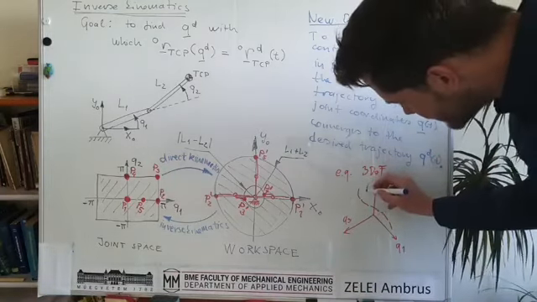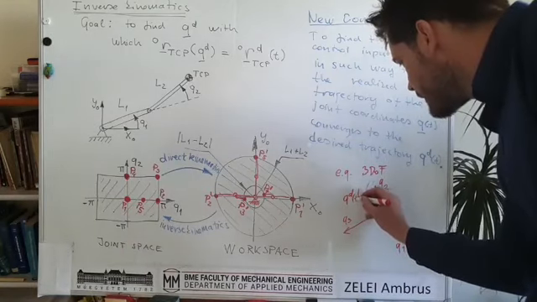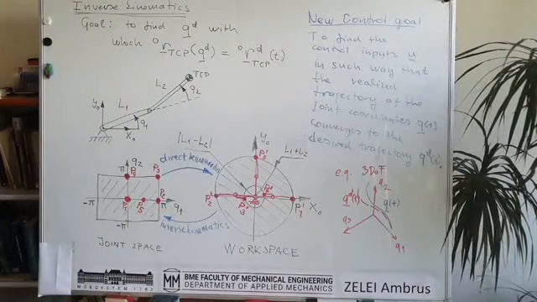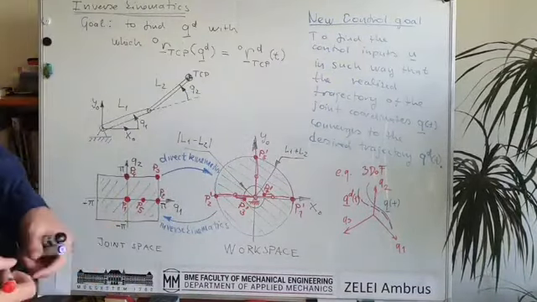Okay, so this is the Q(t), which is the realized trajectory, the real trajectory, let's say, and the red one is the desired trajectory. Okay, that's the difference. And so this new control goal is formulated in the joint space instead of workspace.